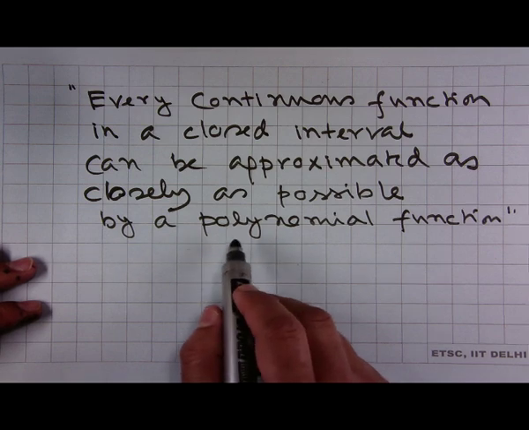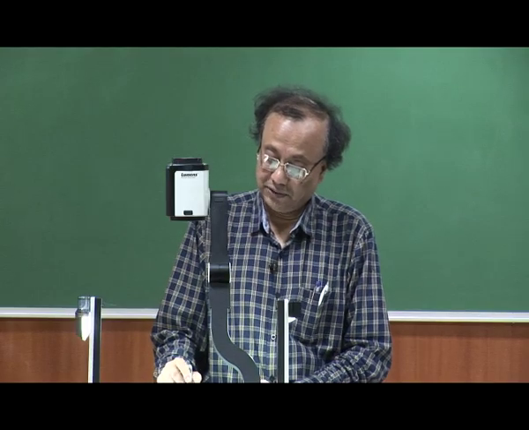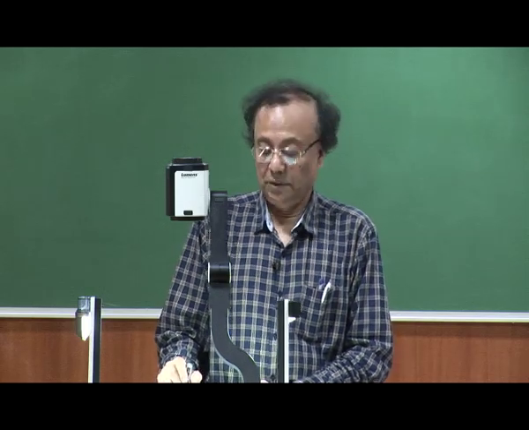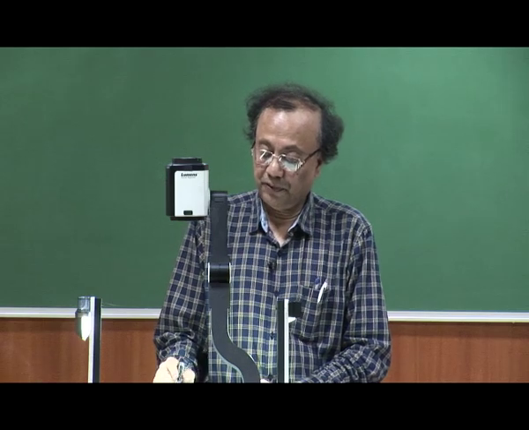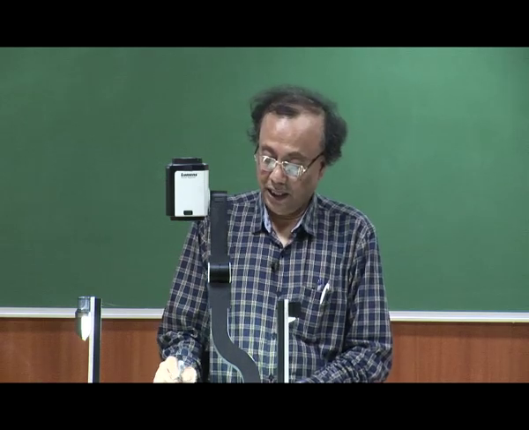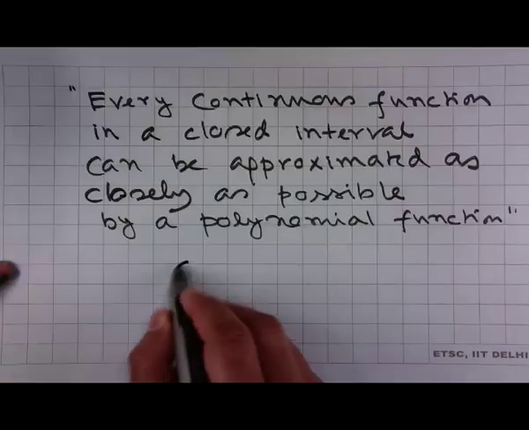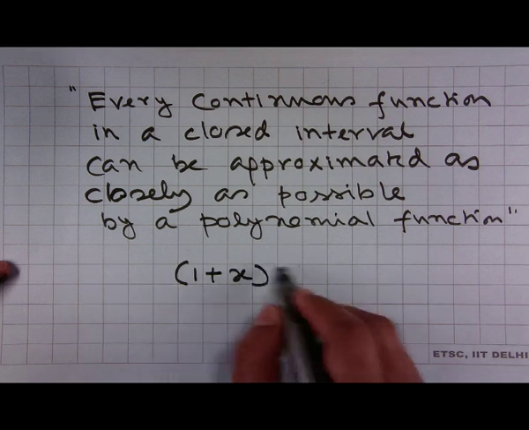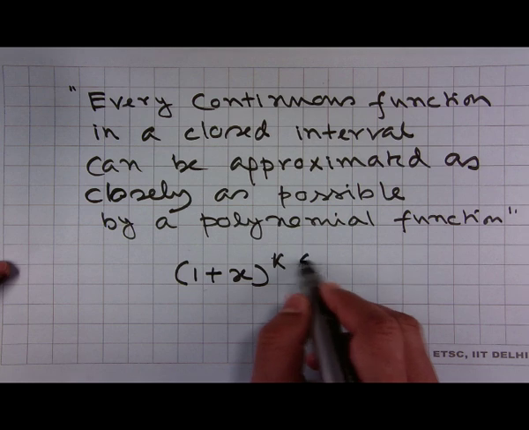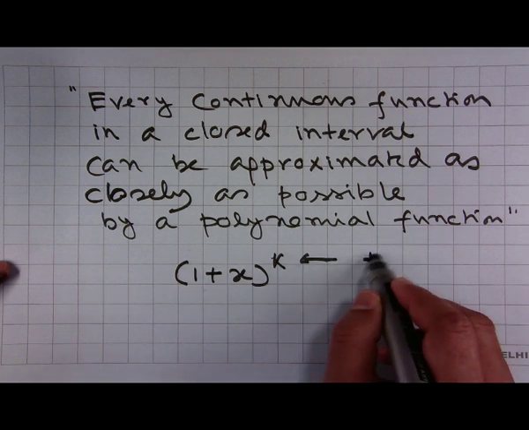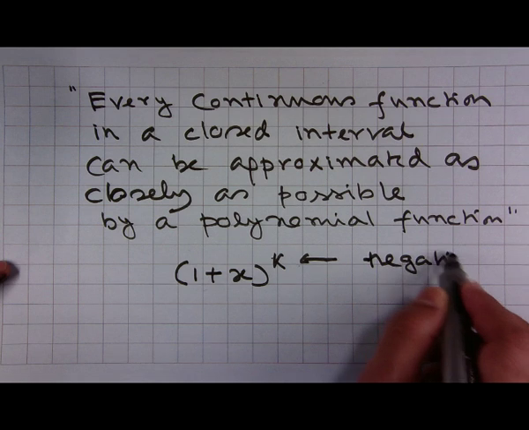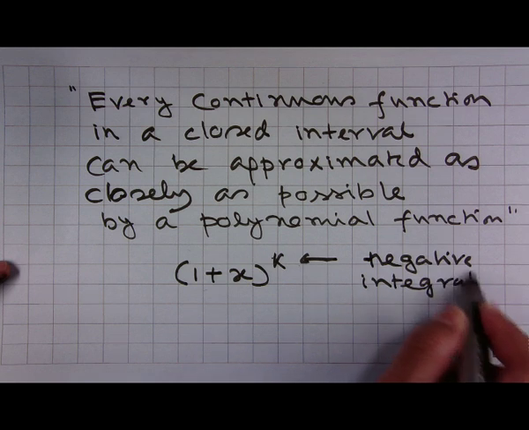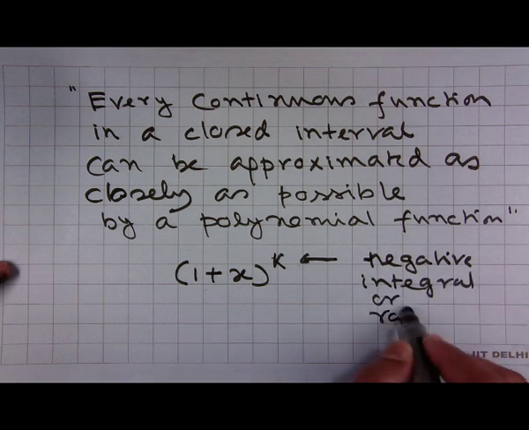Therefore, what we have done, given a continuous function, we have tried to compute the coefficients of first few powers of x, and thereby we tried to find the expansion of 1 plus x whole to the power k, where k can be negative integral or rational.